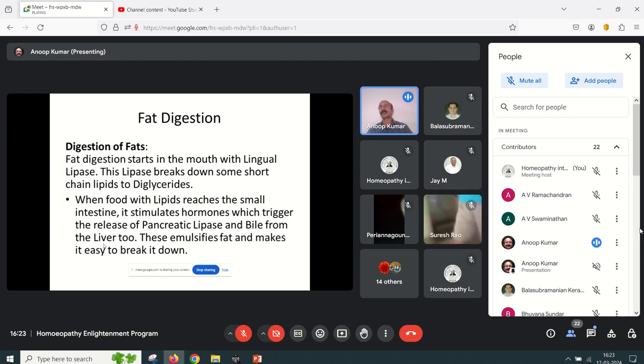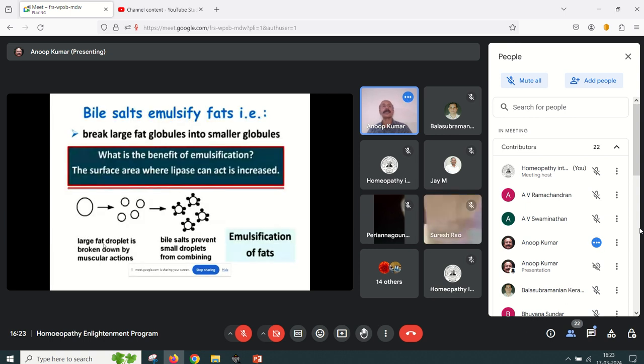So the large molecules of fat will be broken down into diglycerides, and bile and pancreatic lipase emulsify them and break them down into further molecules. So bile salts emulsify fat, that is, break down large fat globules into smaller globules.